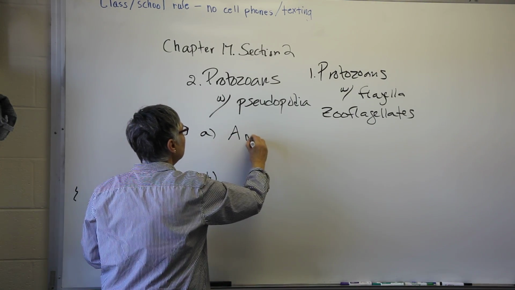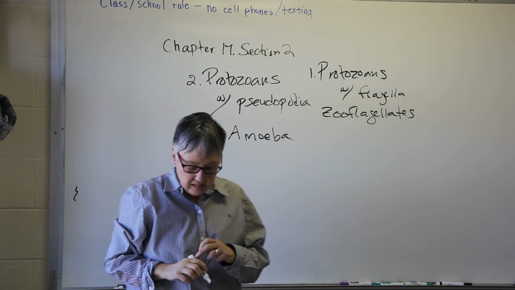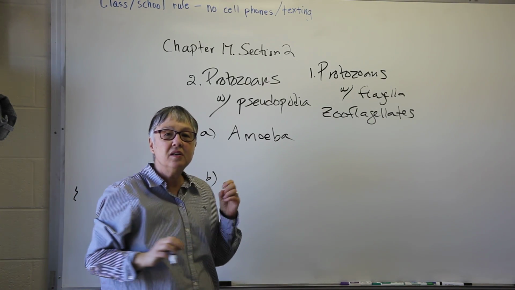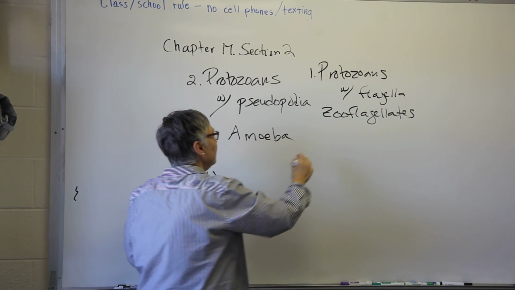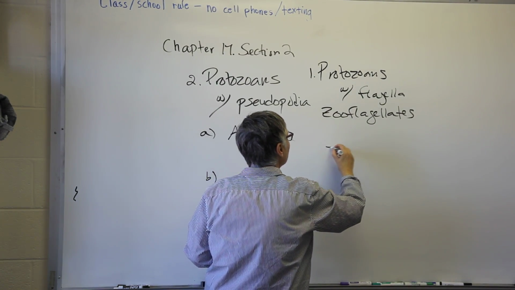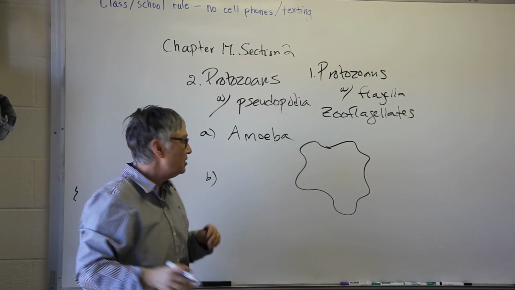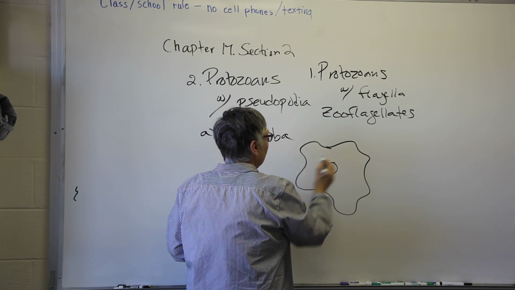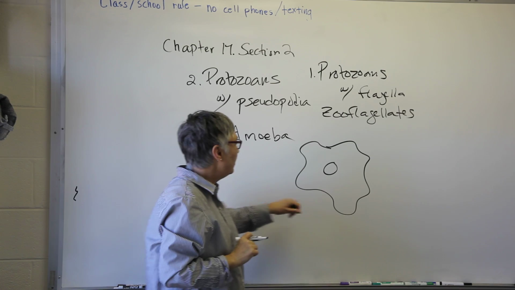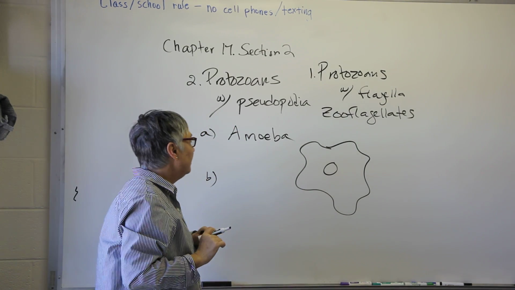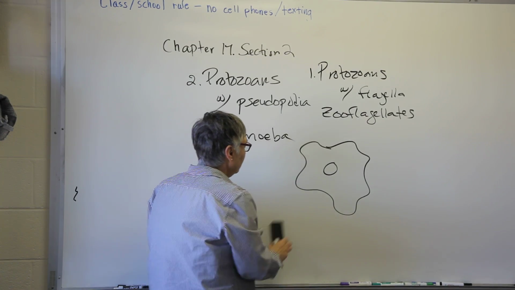The first one is the genus Amoeba, and the amoeba is an irregularly shaped organism, single cell. It can change its shape very readily, and it moves by extending the cell membrane forward, and it actually uses those also for feeding.